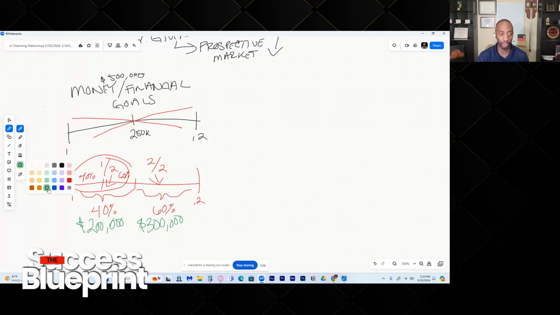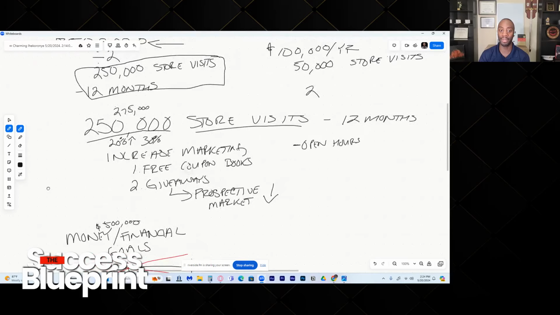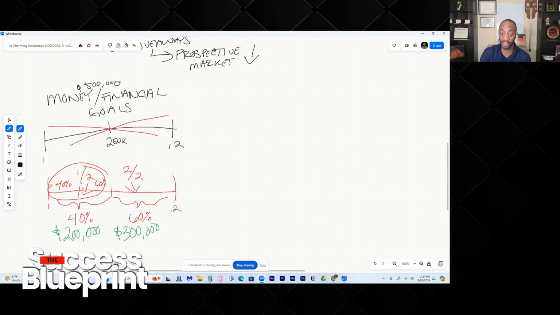What about regular goals? Instead of thinking of it this way, or maybe I do want to think of it that way, but maybe for the purposes of my employees, I need to think about it as store visits. So when it comes to store visits, I've got to get 250,000 store visits in the next 12 months.